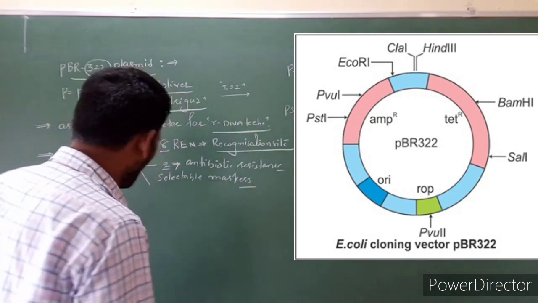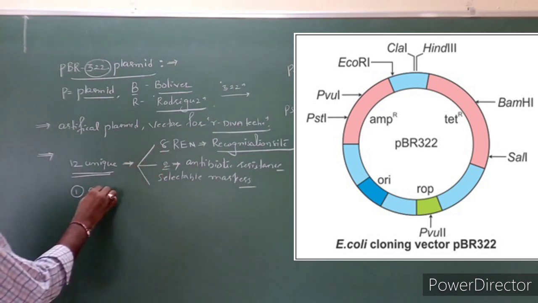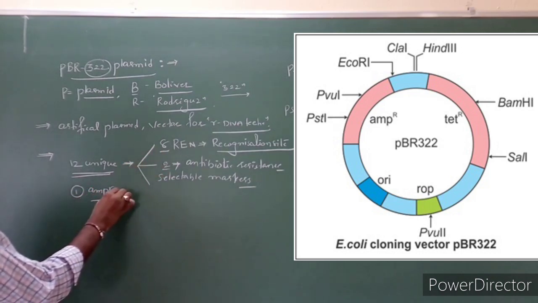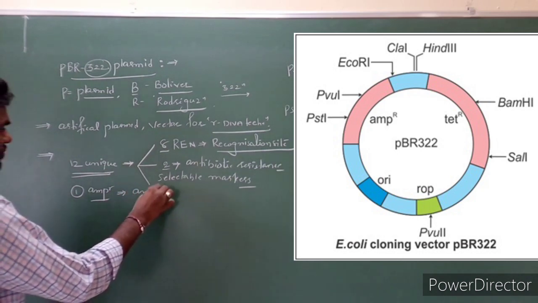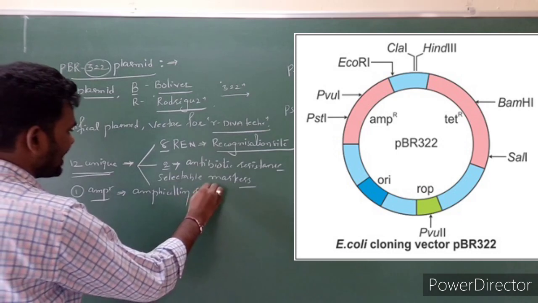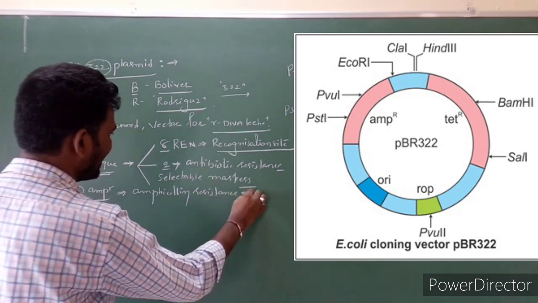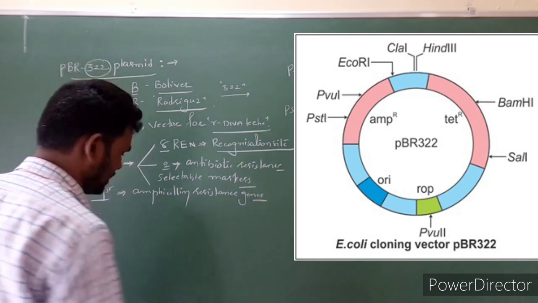How many marker genes are there? One is AmpR, it means ampicillin resistance gene.